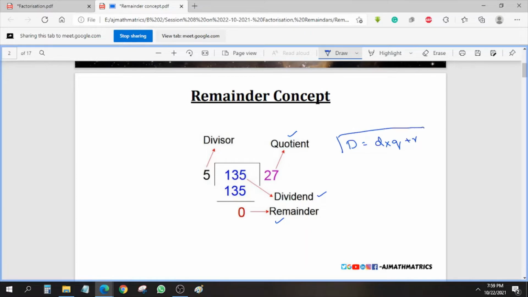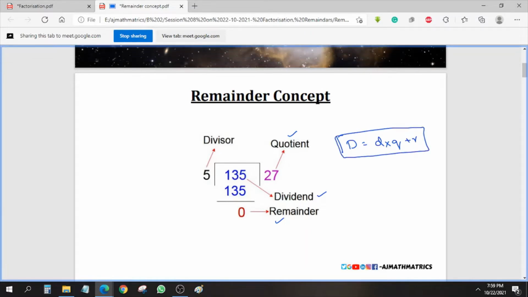This is also one of the representations of the division algorithm. So if you write it, 135 is equal to divisor 5 into coefficient 27 plus 0. We can also write like this.